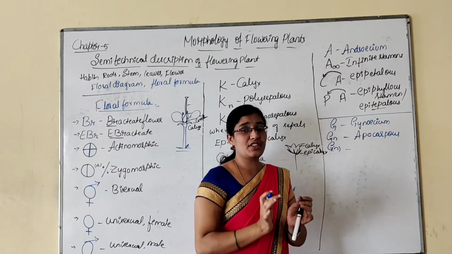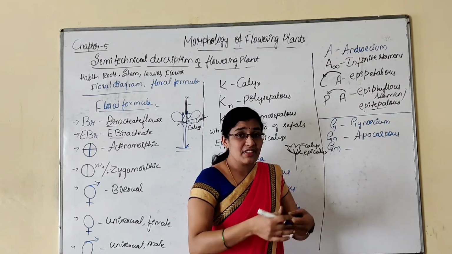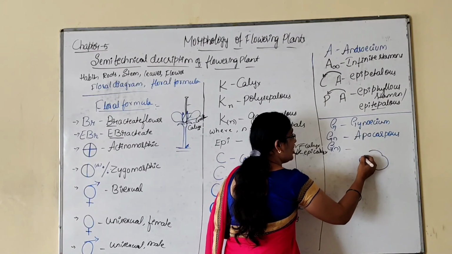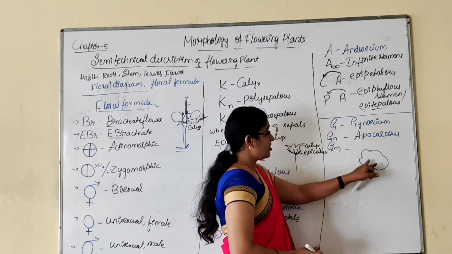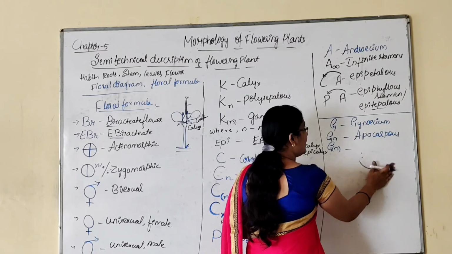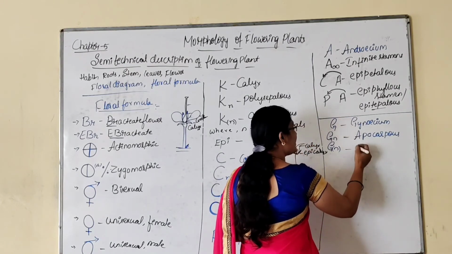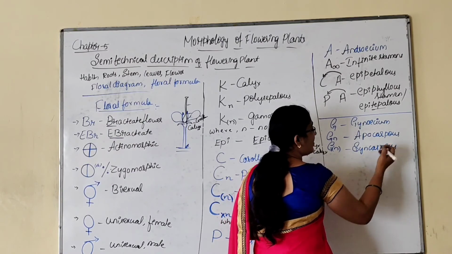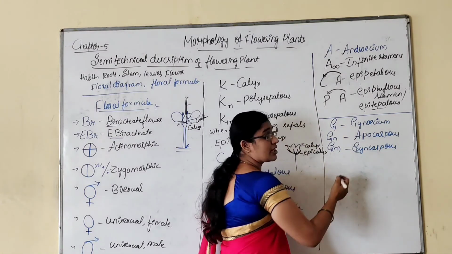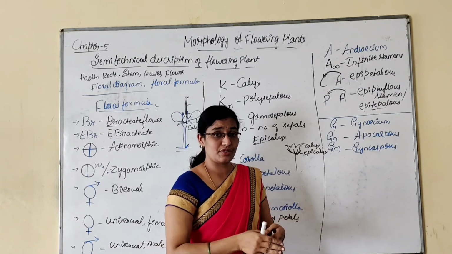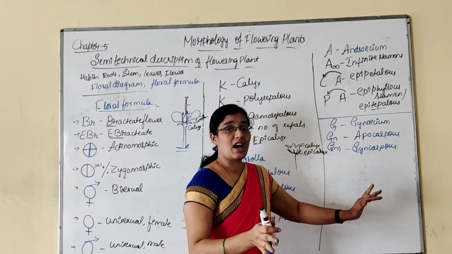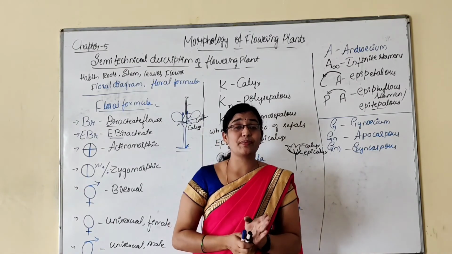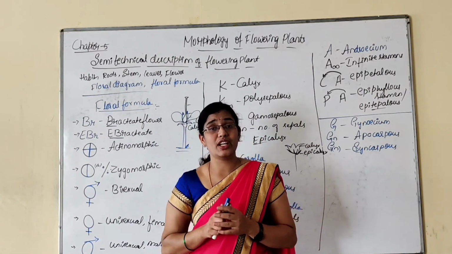So the different structural units, the carpels, if they are fused like this, this condition is called syncarpous condition. So here the word syn represents the fused carpels. Apo, free carpels. Okay.